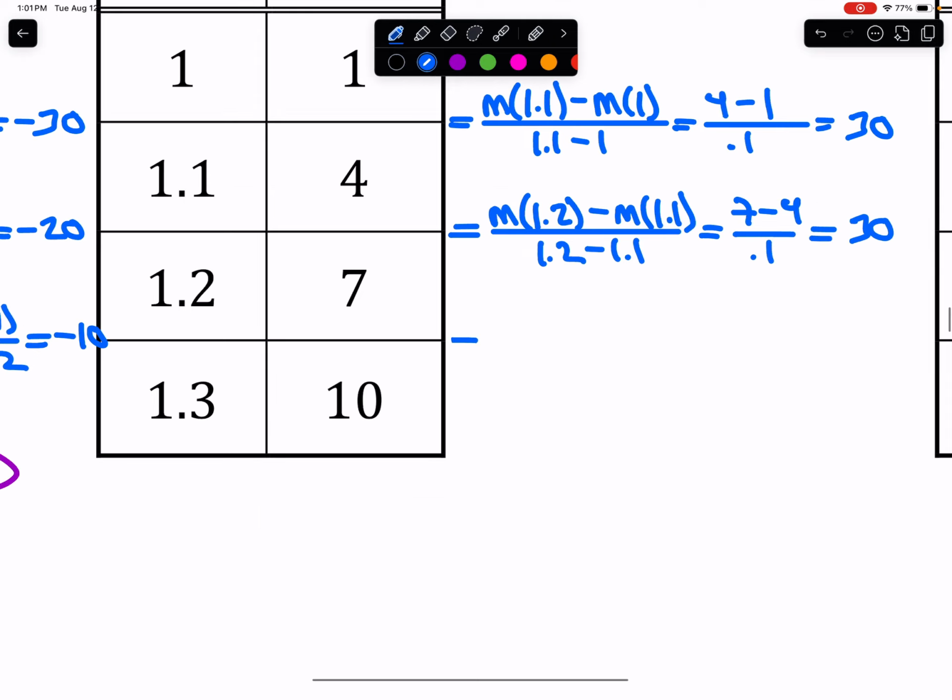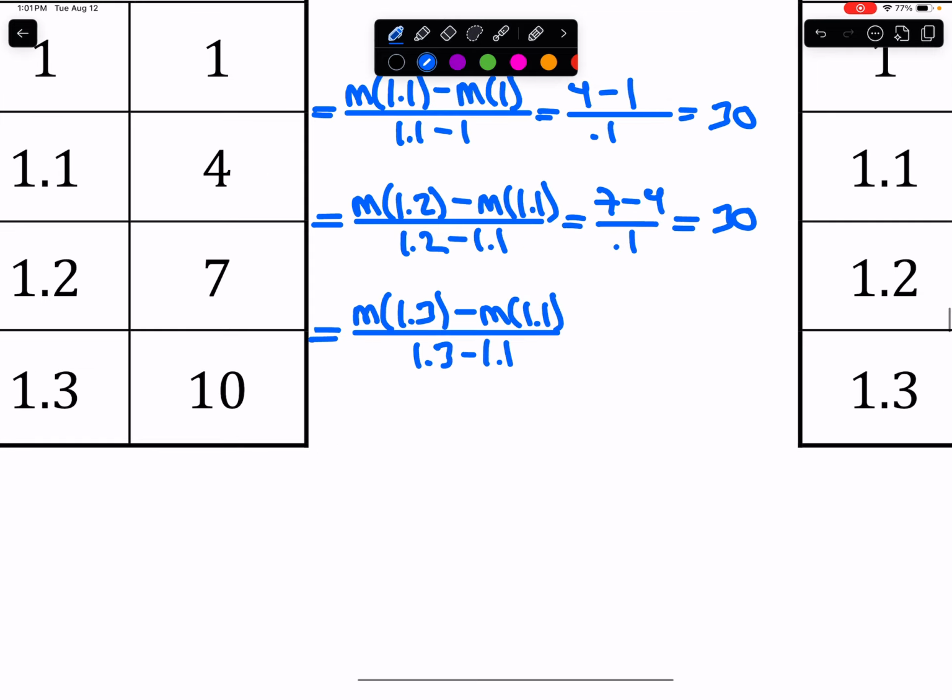So we have the same average rate of change so far. So now I'm going to do M of 1.3 minus M of 1.2 over 1.3 minus 1.2. So 10 minus 7 over 0.1, which is also 30.